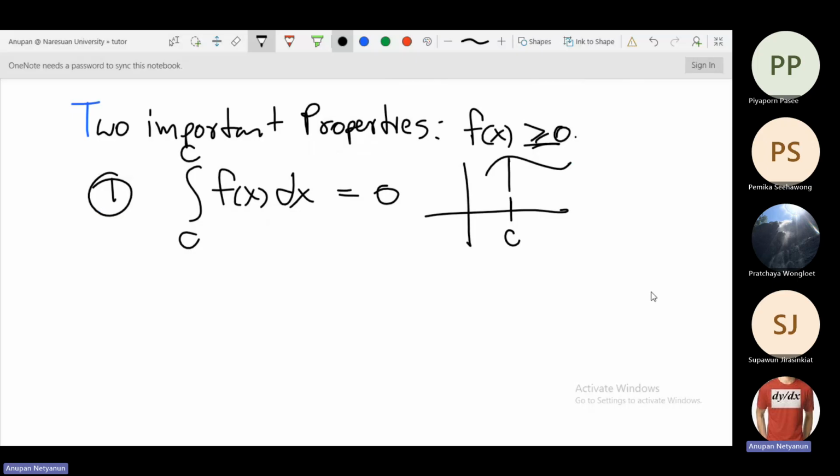So you start from c, which is here, and you go to c. That means you don't move from c at all. You stay at the same place. What you get is a line, not an area. A line is in one-dimensional space, but area is two-dimensional space. So you have a line, which means it has area 0.